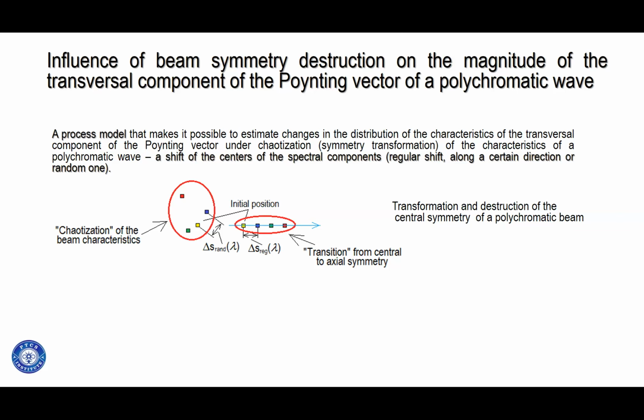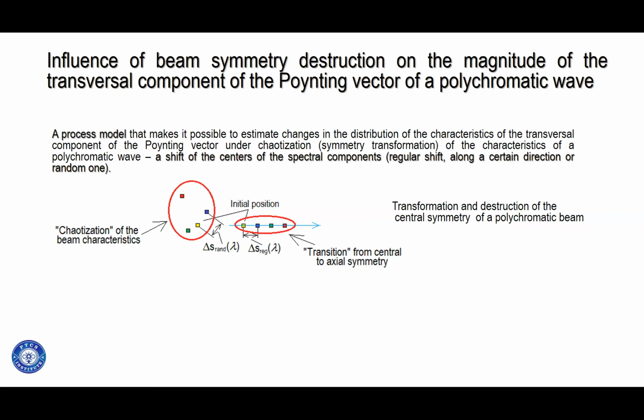Therefore, in our opinion, the main factor that determines changes in the structure of the energy flow of a polychromatic wave is the mutual displacement of singular points, vortices, Poynting singularities, etc., in different spectral components.